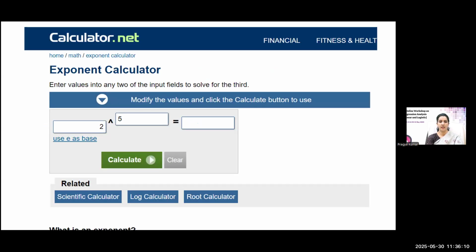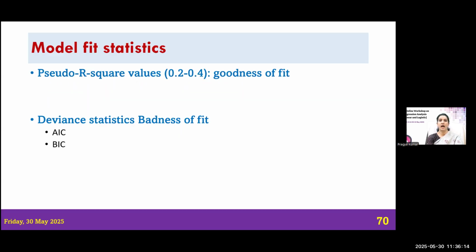And this we will see as an exponent calculator, because that is how you convert the logit back into the odds ratio. If you take the exponent of that logit, it converts the logit back to the odds ratio. Because you cannot easily interpret the logit. How will you say that a 1 unit increase in logit is causing an increase in the dependent variable by a constant amount?